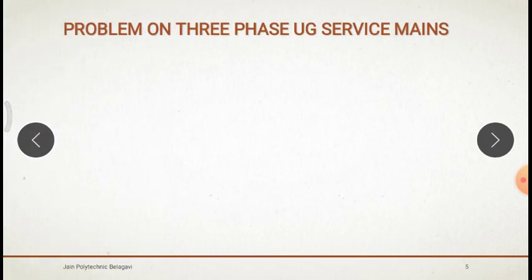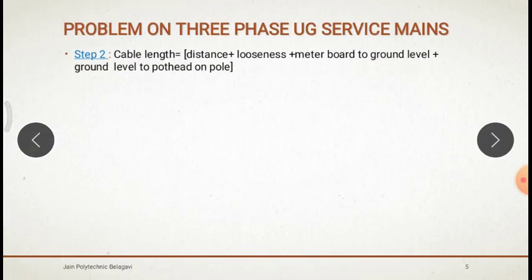Next is how much is the cable length. Already I told the formula for the cable length: distance plus looseness, plus meter board to ground level, and ground level to pot head. Only the exact distance is not enough; we require extra for looseness also. On the consumer side, from meter board to ground level you have to take the underground cable, and on the pole side also, from ground level to the pot head, that is the cable box connection, take the underground cable.